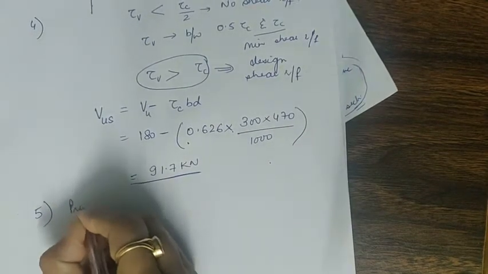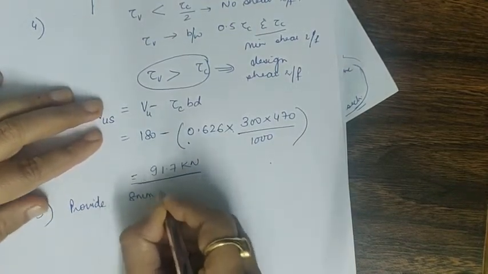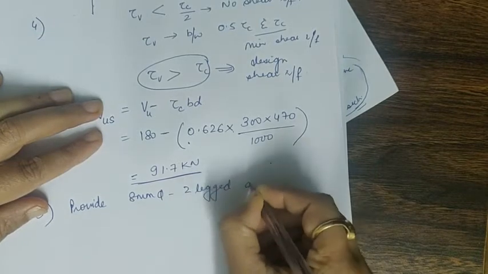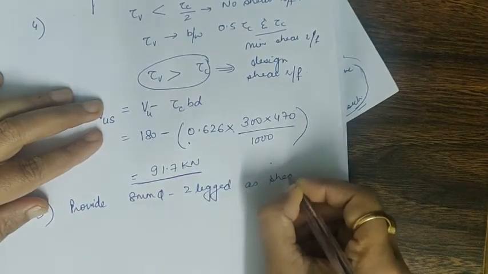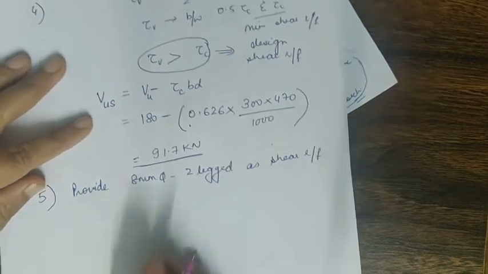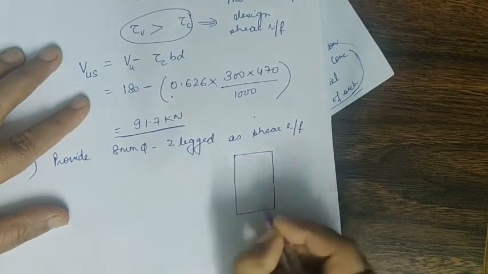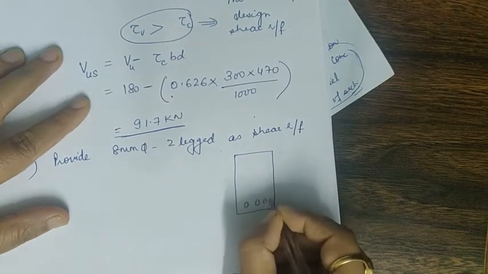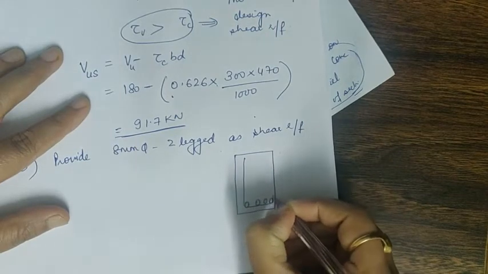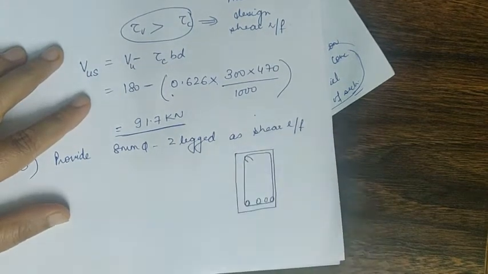Now, next step is I am to provide the shear reinforcement. So let us say I am providing 8 mm dia, two-legged as shear reinforcement. Now what do I mean by this? 8 mm dia, two-legged. Now generally the shear reinforcement is provided by providing a stirrup like this.